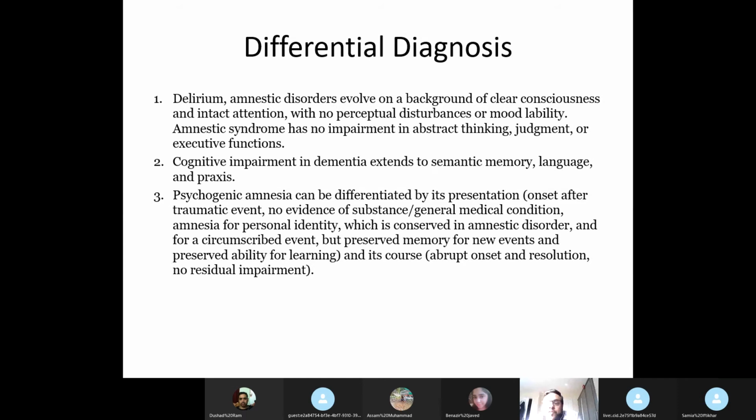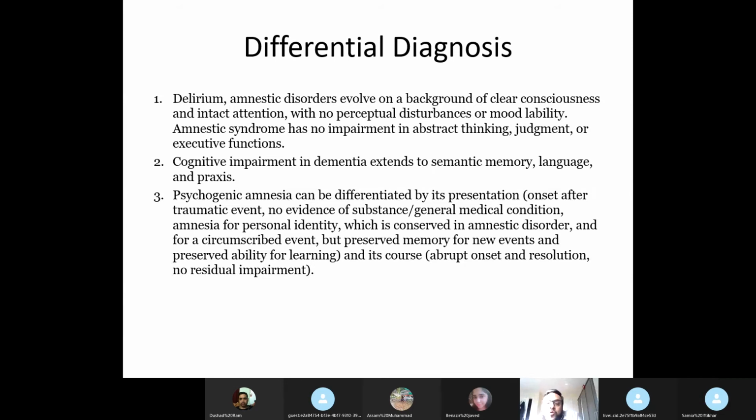If the MRI brain is clear, the collateral history is not suggestive, and the ward nurses say the person is fine, then you can differentiate psychogenic amnesia, because it will have an abrupt onset and resolution, and no residual impairment.